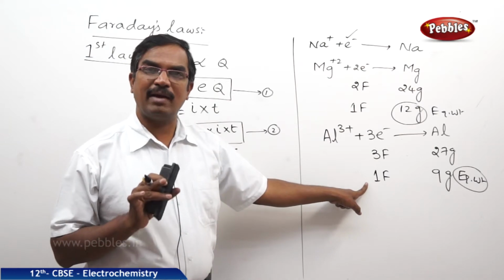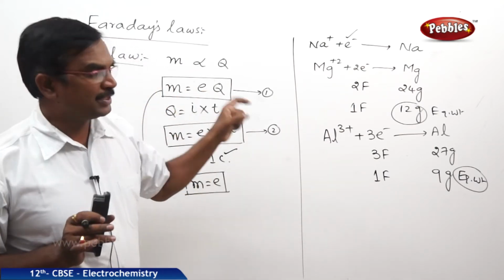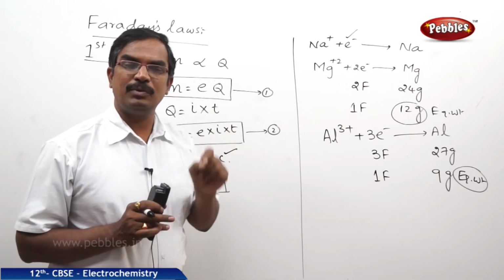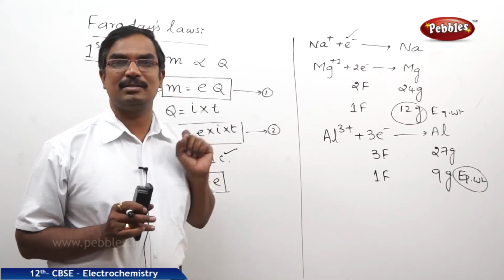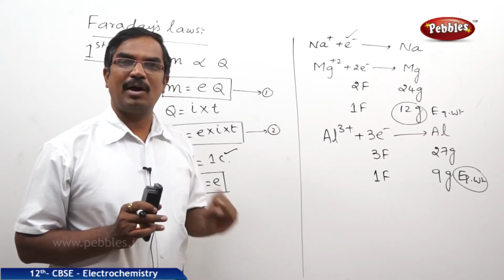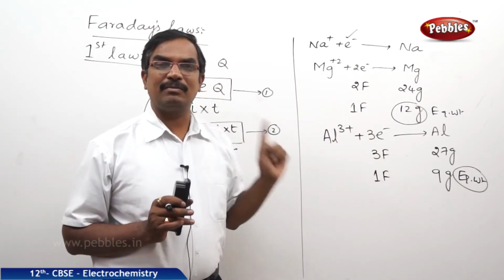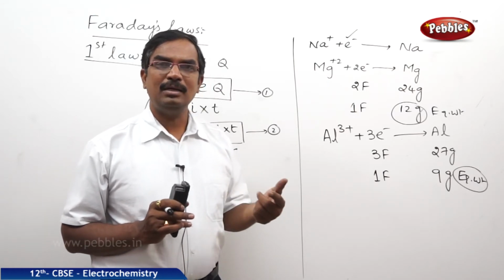So 1 Faraday is the amount of charge that deposits a substance exactly equal to 1 gram equivalent weight. If you use exactly 1 Faraday, the amount of the substance released, evolved or deposited will be 1 corresponding equivalent weight of the element, whether it is a metal or a non-metal.